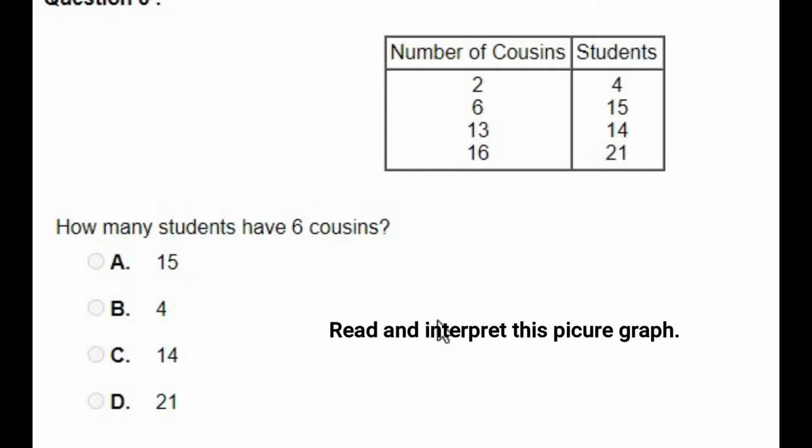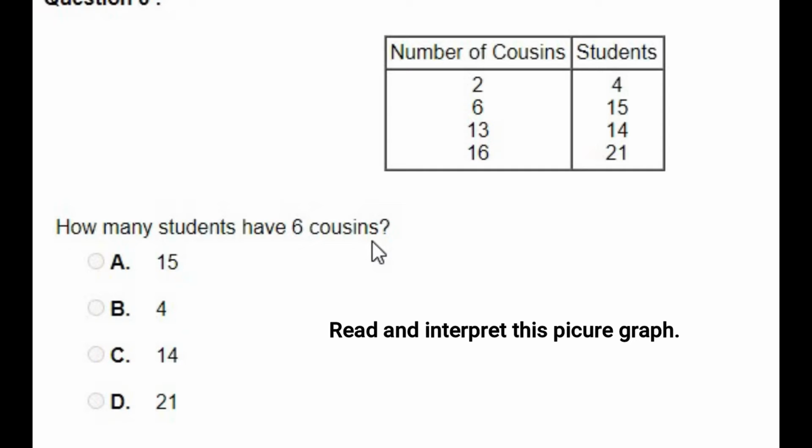We have our next assignment, which is a picture graph as well. Number of cousins and students. If there are 2 cousins, there are 4 students. There are 6 cousins, 15 students. 13 cousins, 14 students, and 16 cousins, 21 students.